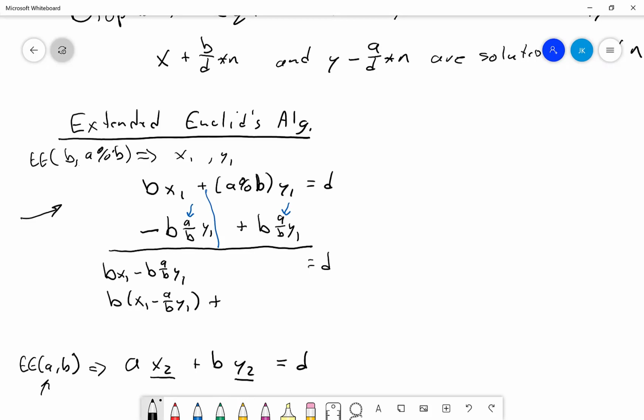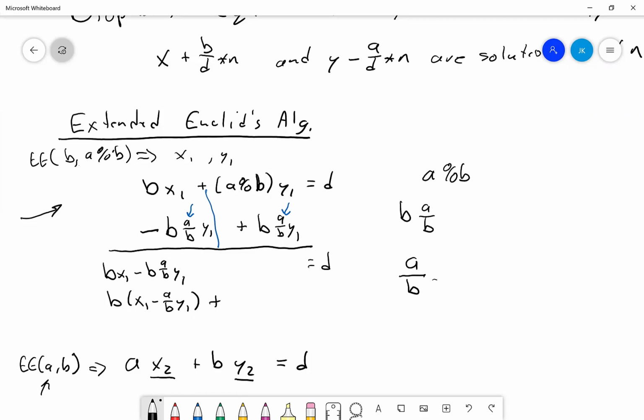Notice that we have A mod B, and we are adding on B times A divided by B. So I want you to think for just a minute: if I have a number A and I do an integer division of A divided by B, this tells me how many times B goes into A completely.